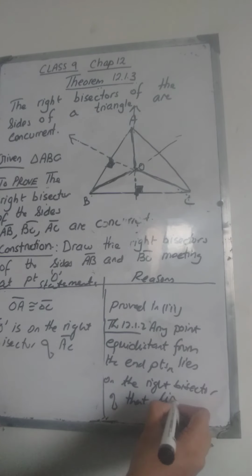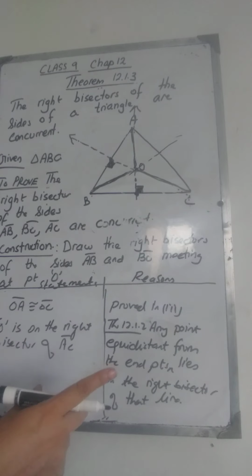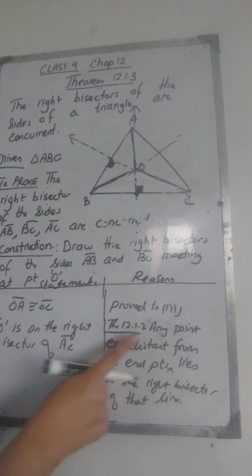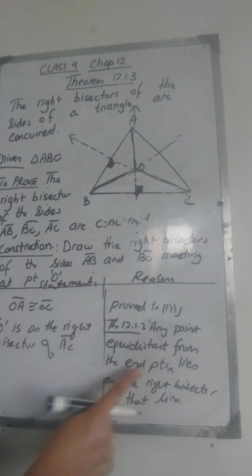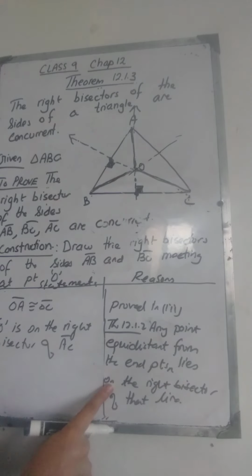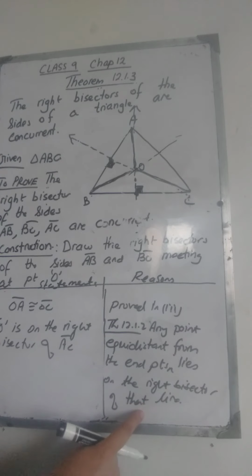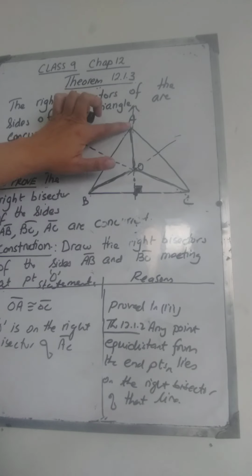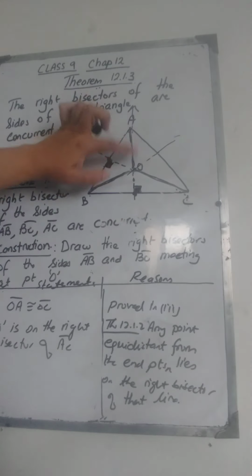So if you have a point which is equidistant from the end points, then that point must lie on the right bisector. Here, O is equidistant from A and C, because OA is congruent to OC.